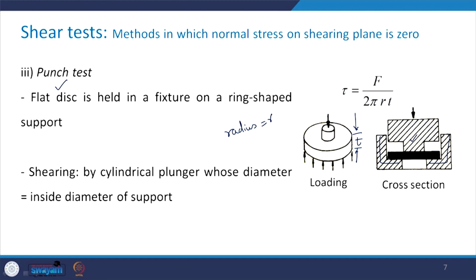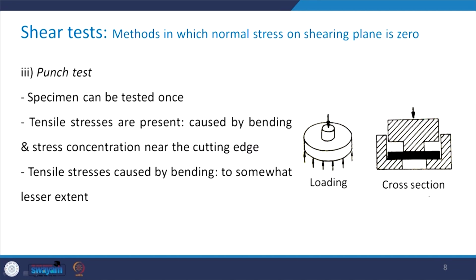So, you see that this is your flat disc, this is the plunger, these are the support system, and through this this flat disc specimen will be sheared. In this case also, the specimen can be tested once.